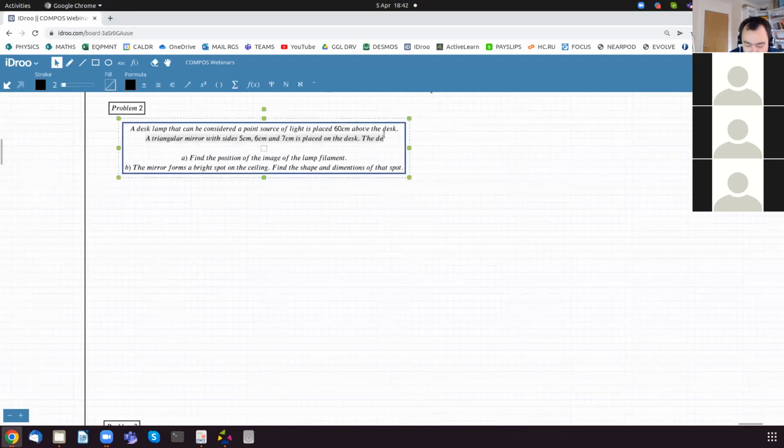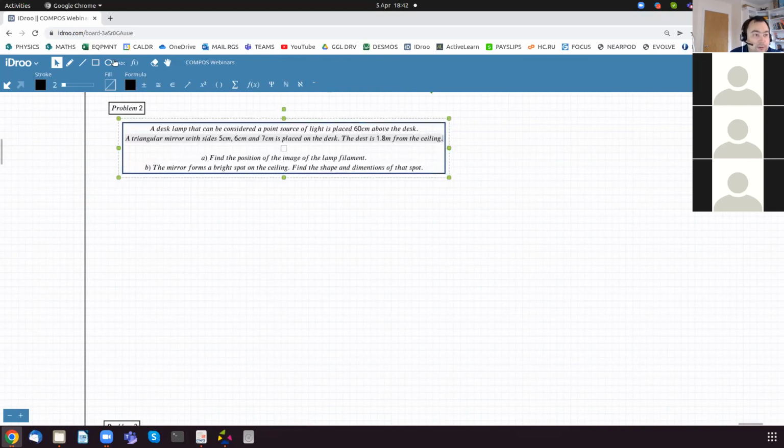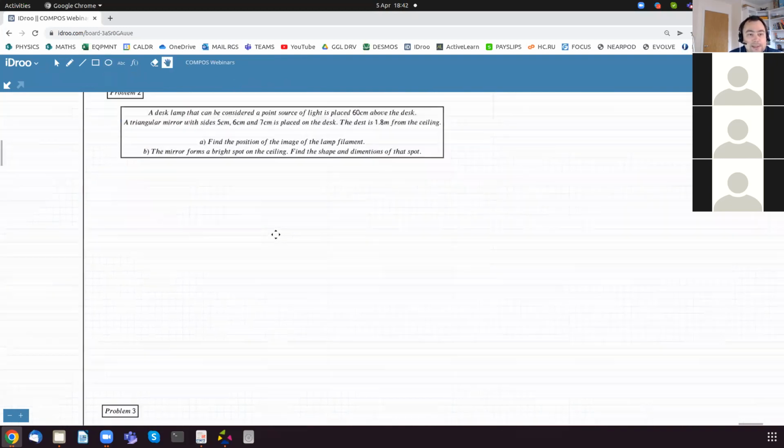The desk is 1.8 meters from the ceiling. This is the top of the desk, of course, when I say the top of the desk.